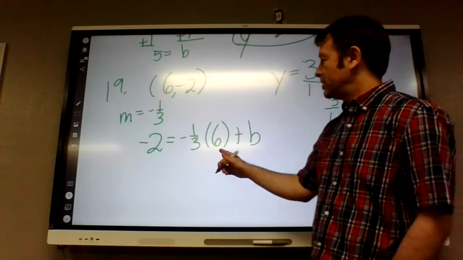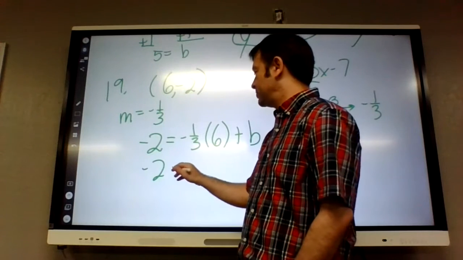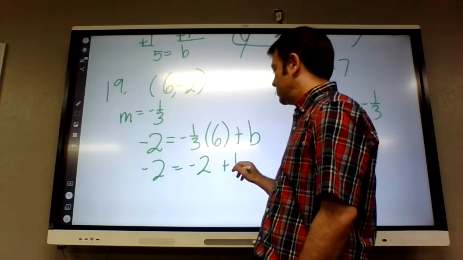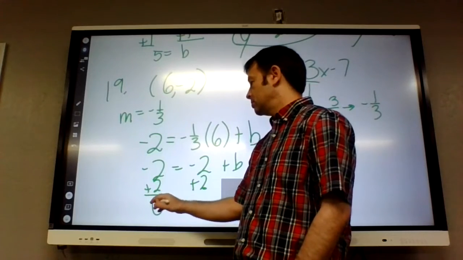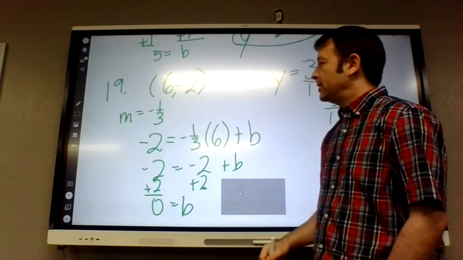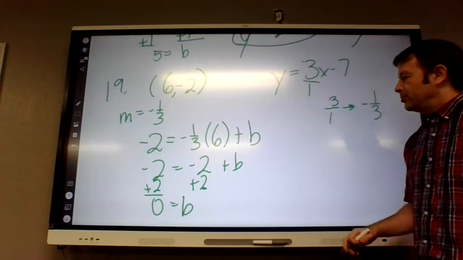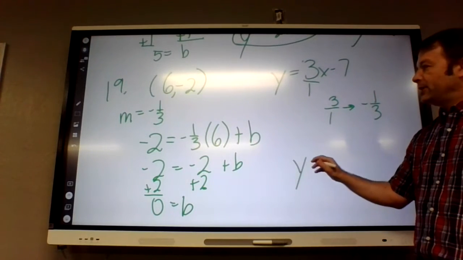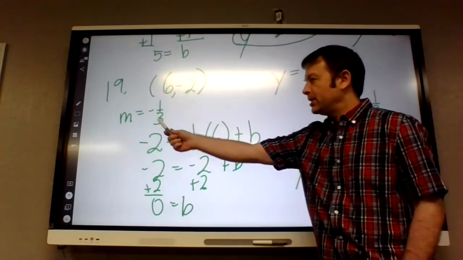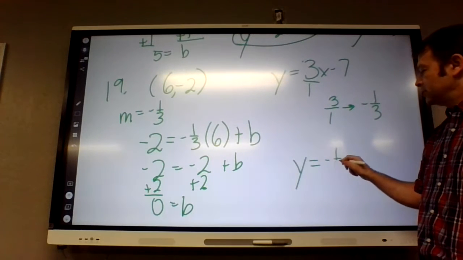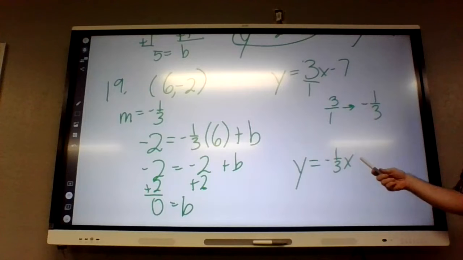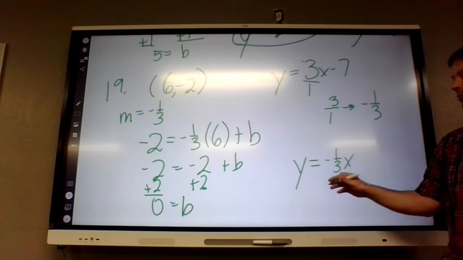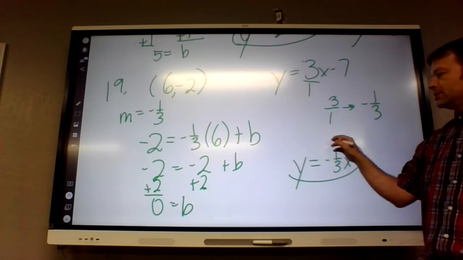Yeah, -1/3 times 6 is -2, so if you add 2, you do get 0. So when we write the equation, it's y equals -1/3 x plus b. Do I need to write plus 0? No. So you can stop right there.